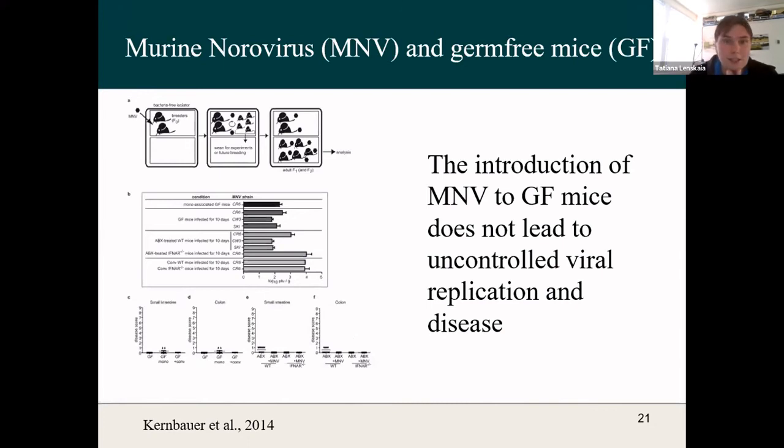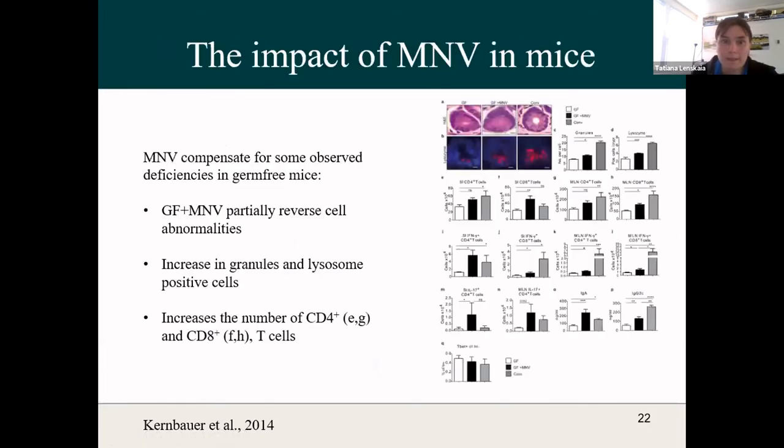They introduced a virus, the murine norovirus, to these mice, and they showed that it doesn't lead to uncontrolled viral replication and disease. However, when these mice develop without any bacteria in them, they have many problems with their immunity and the development of the intestine.